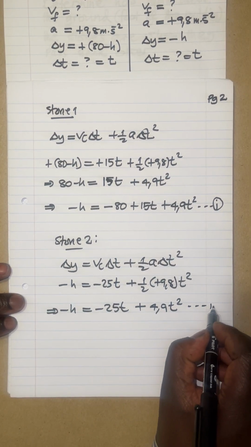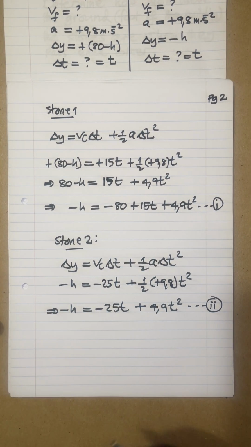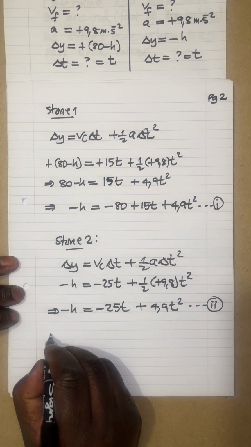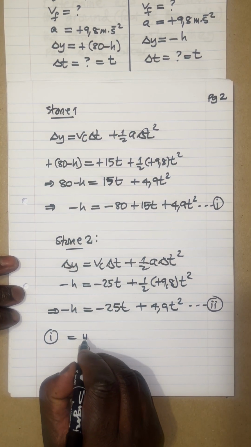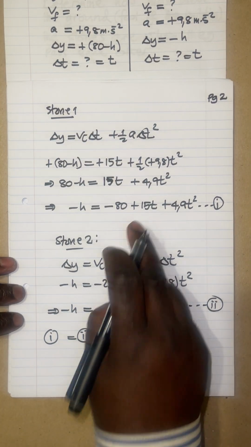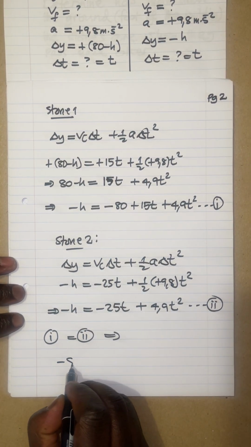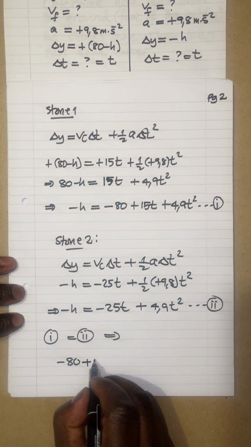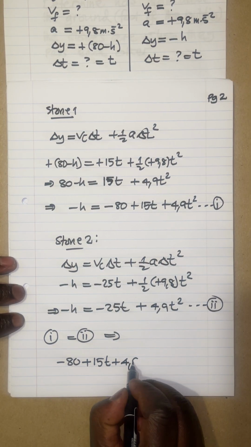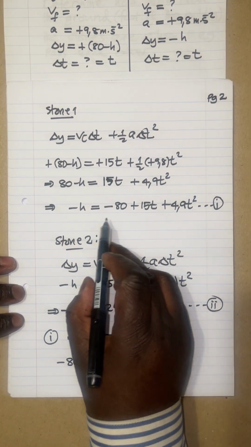Call this equation number 2. Now notice we have minus h equals that, minus h equals that. So now we have to solve the two equations simultaneously. How do we do that? By equating them. So equation 1 equated to equation number 2 will produce, watch this one here, which is minus 80 plus 15t plus 4,9 t squared, that part.